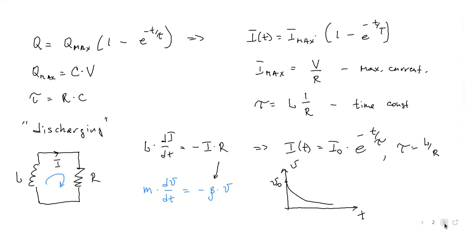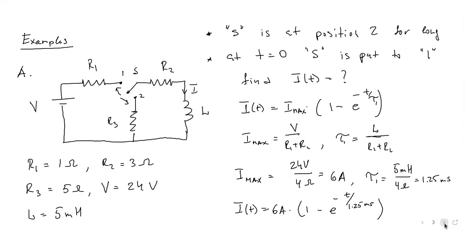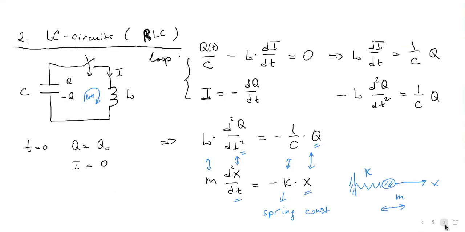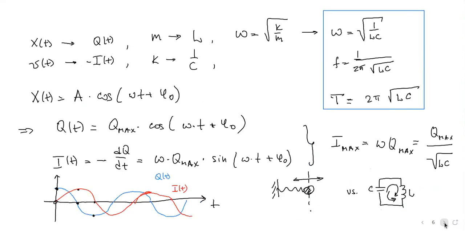That was pretty much straightforward because it was simple, similar to RC. When you have LC circuits, this is something new. It can be related to simple harmonic motion with some substitutions like this. Even if I have a friction force and an external force, the analogy will stay. That was interesting.